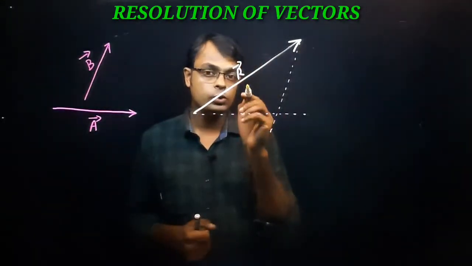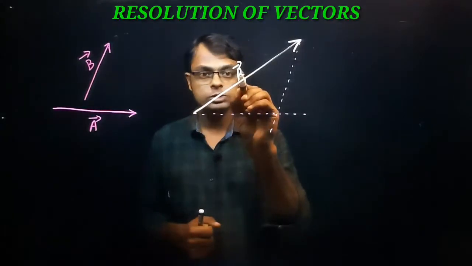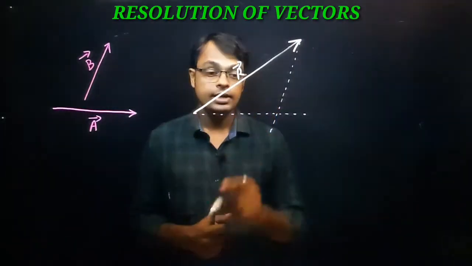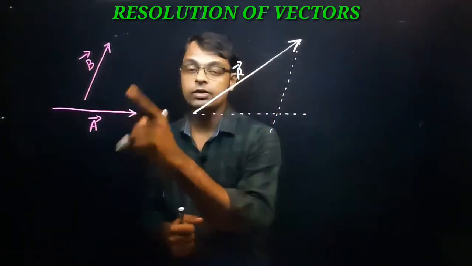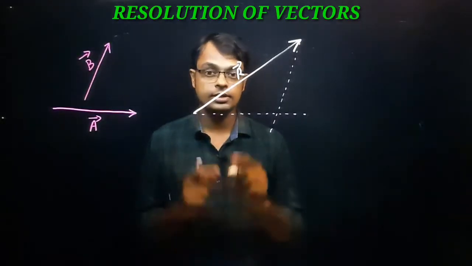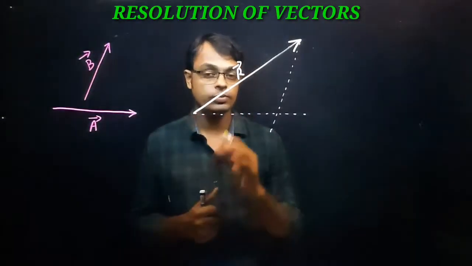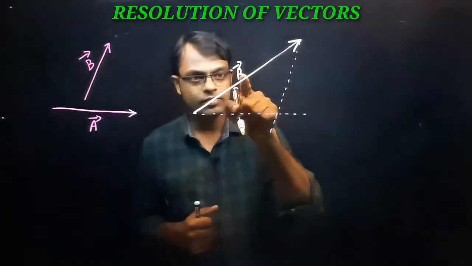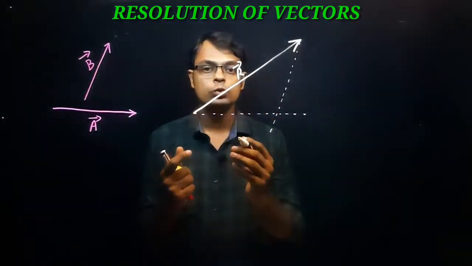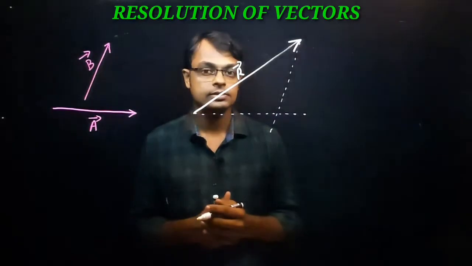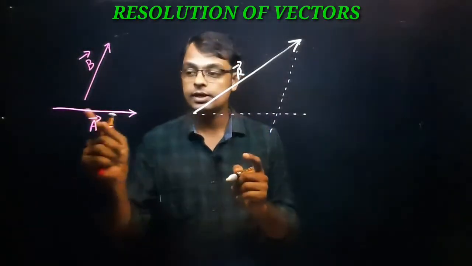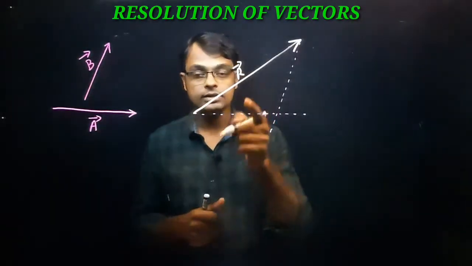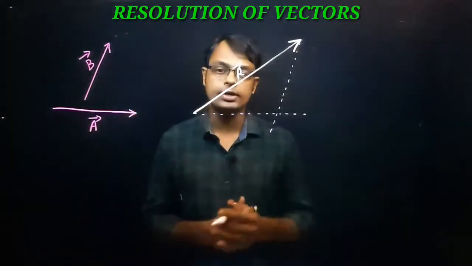What we are going to do here is split this R vector in the direction of the given two vectors. We are going to resolve the given vector R into two components: one in the direction of A vector and the other in the direction of B vector.